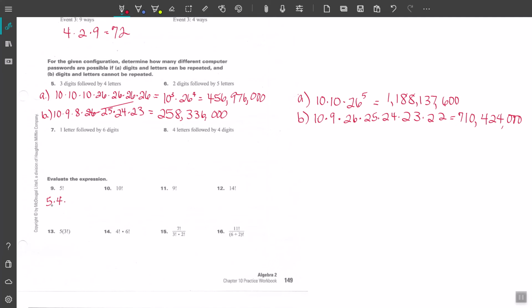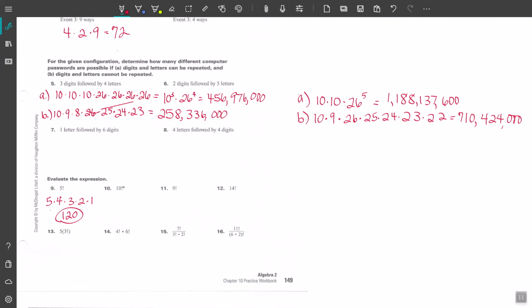So I'm going to multiply 5 times 4 times 3 times 2, and then finally times 1. All right, when I multiply all of those out, I get 20 times 3 is 60 times 2 is 120. So 5 factorial is 120.